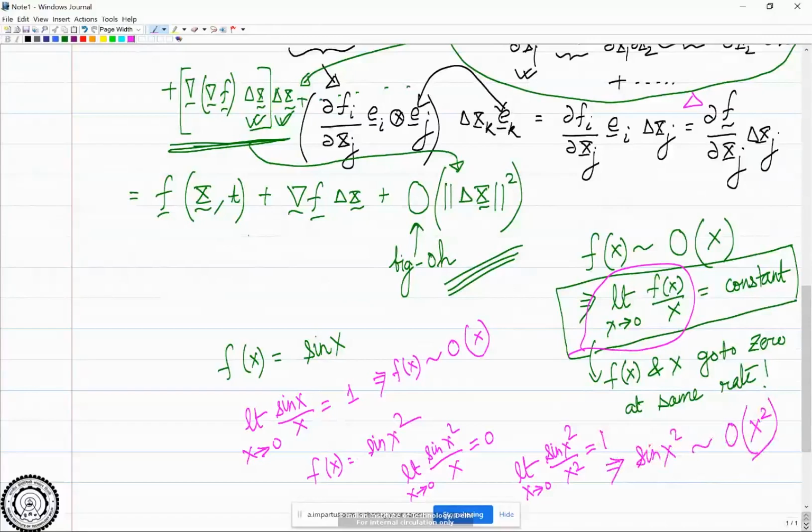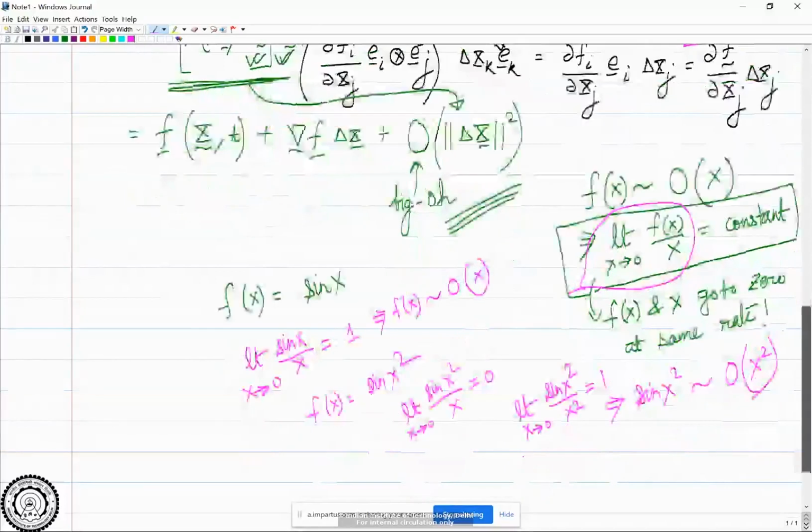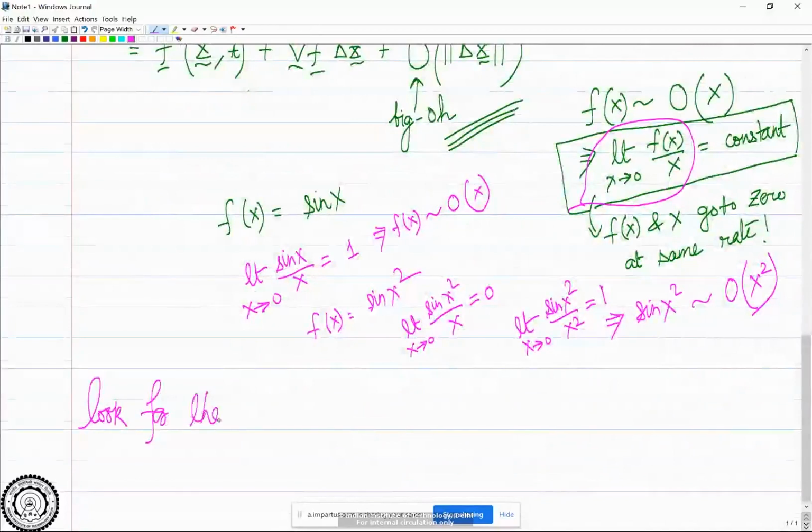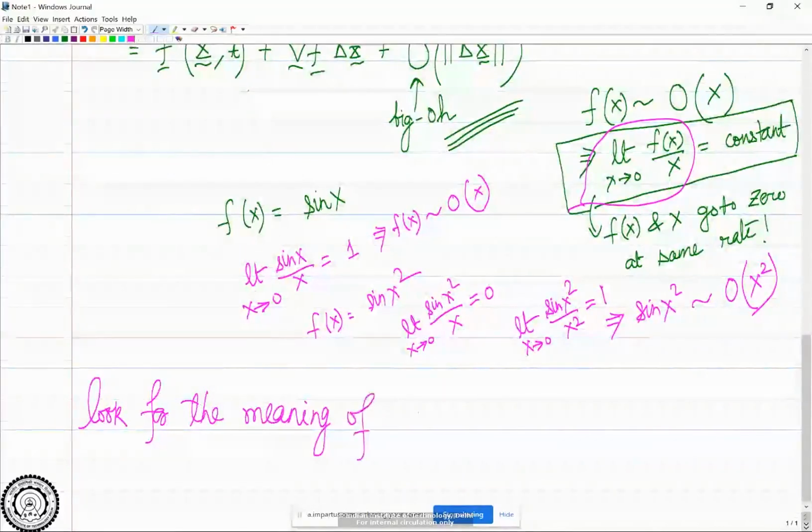And likewise, there is also something called small o. But I'll not introduce that now. I'll see if I need it. But you can look for the meaning of small o on Wikipedia.